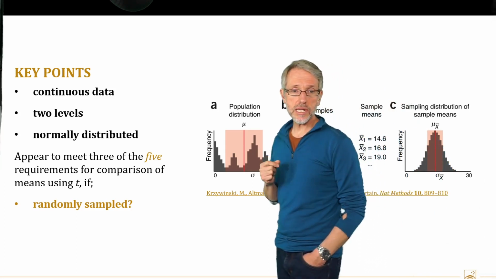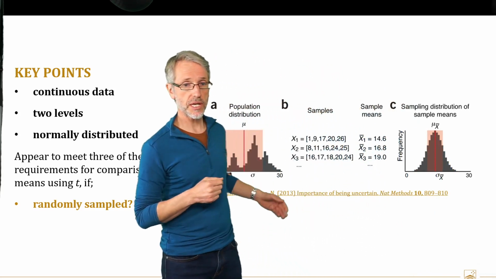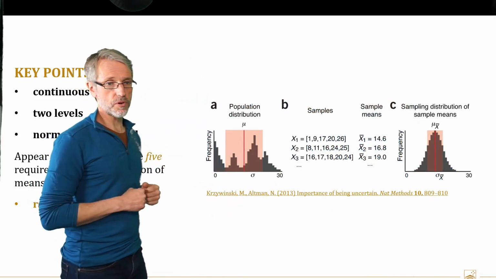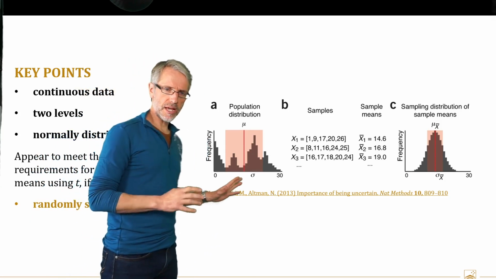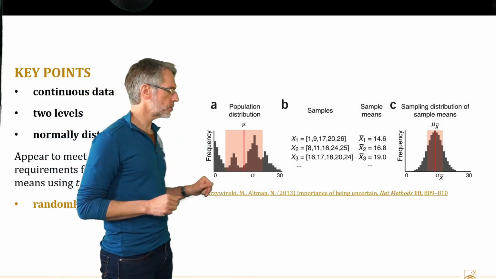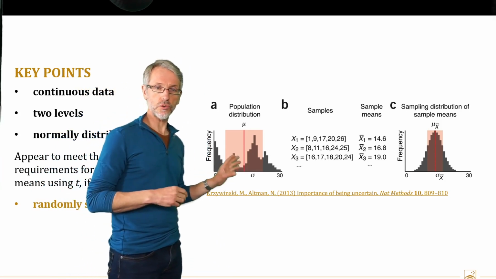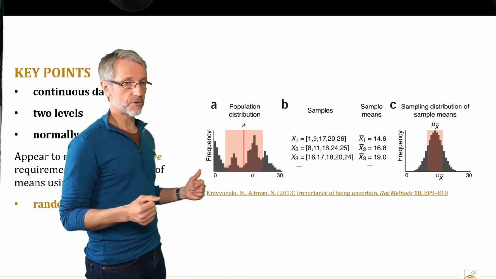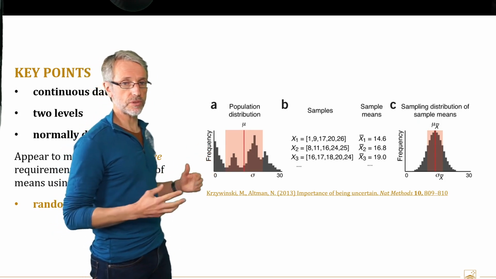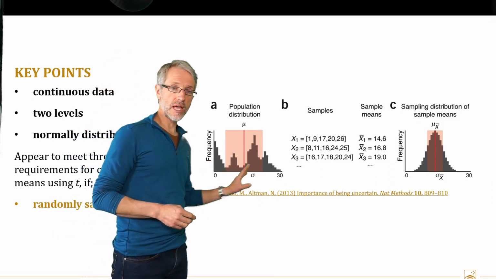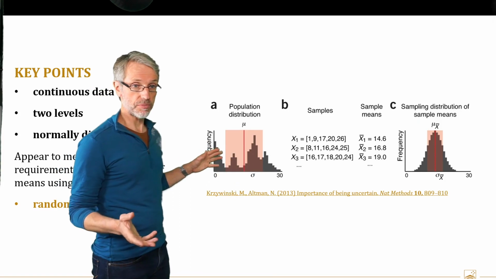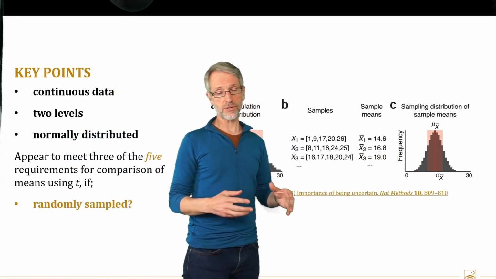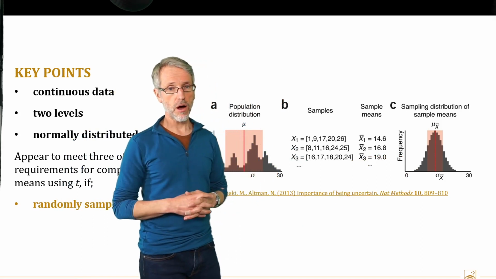And if you need a reminder of the process here, here is another of those Nature Methods papers that is really worth having a look at. Download it, look at it straight away or look at it later, but honestly, if you're unsure, look at it now. This is a great paper that introduces you to the idea of the central limit theorem and how even a randomly distributed data set can deliver a normally distributed population of means.